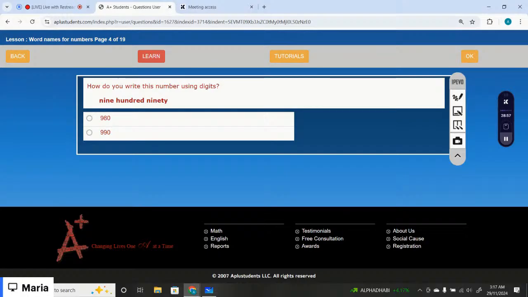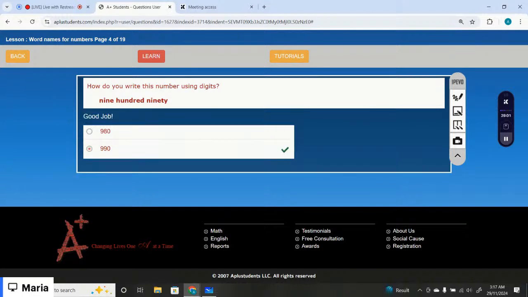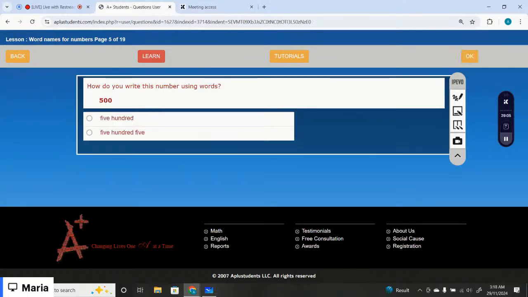That is option number 2, 990. How do you write this number using words?